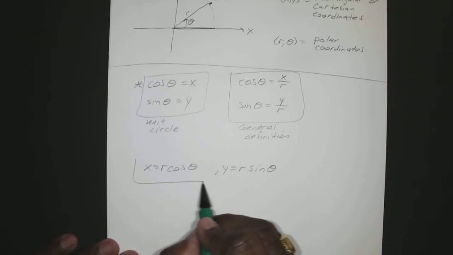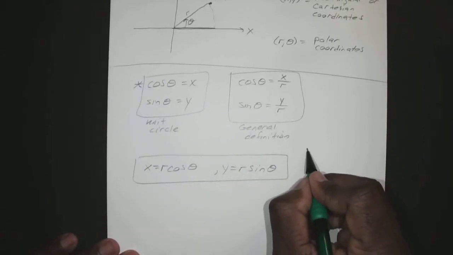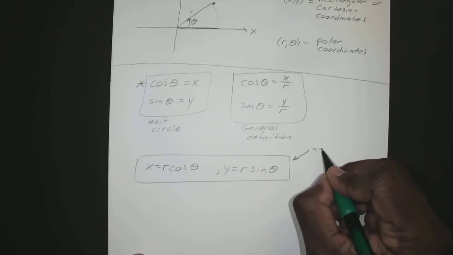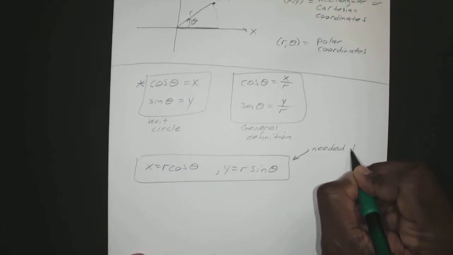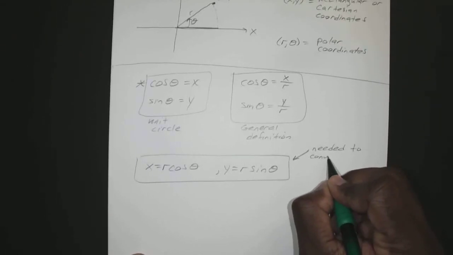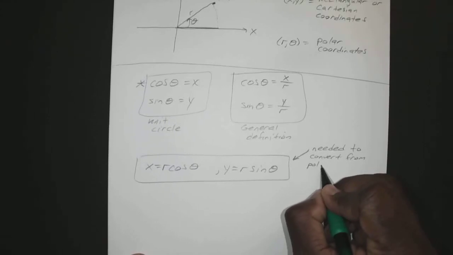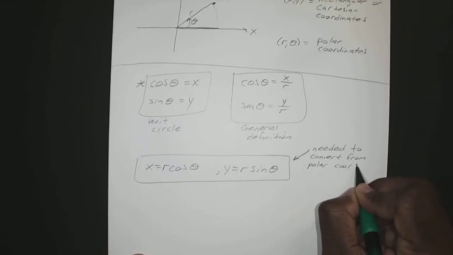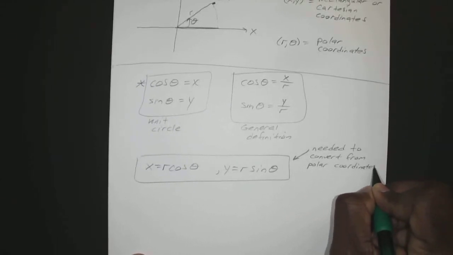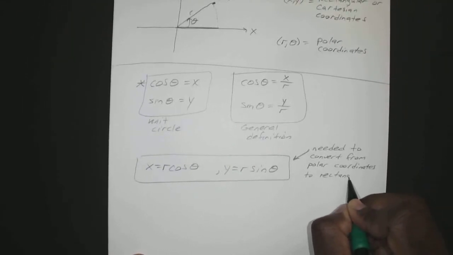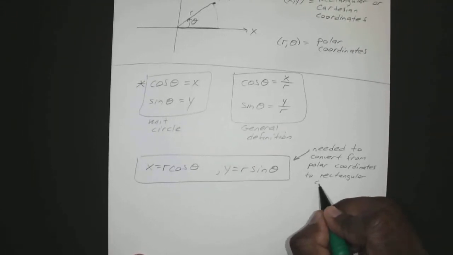And you would use these two to convert from a polar coordinate to a rectangular coordinate. From polar coordinate to rectangular coordinates.